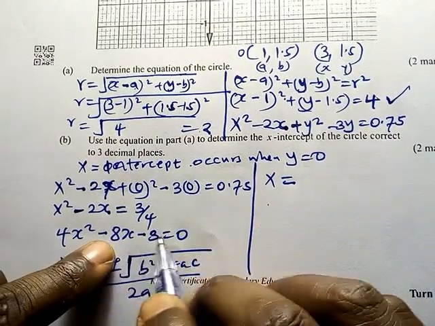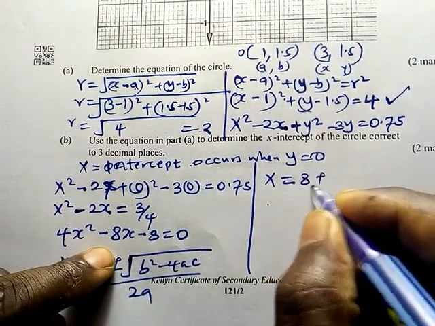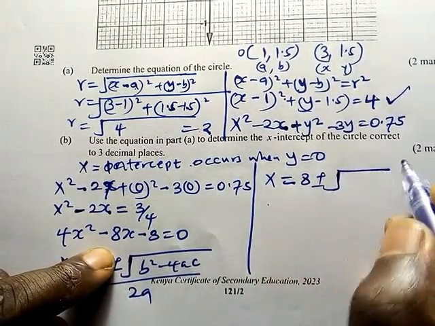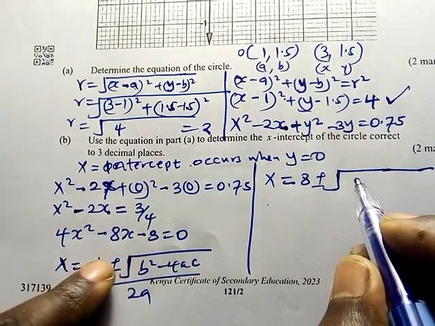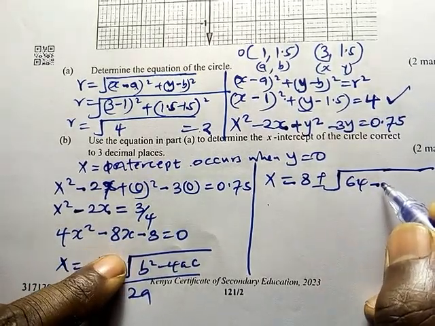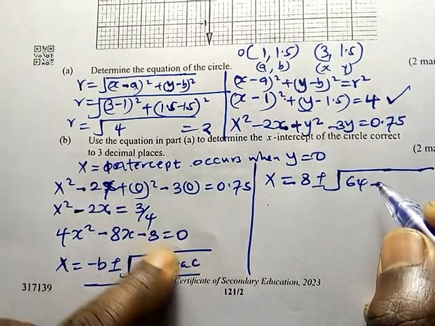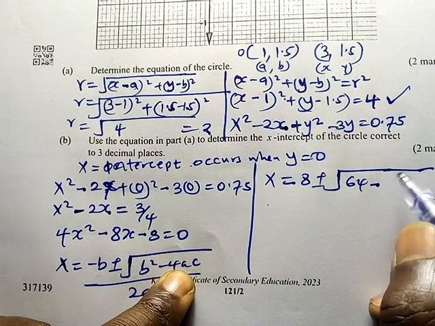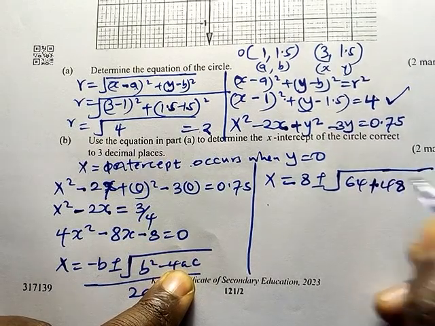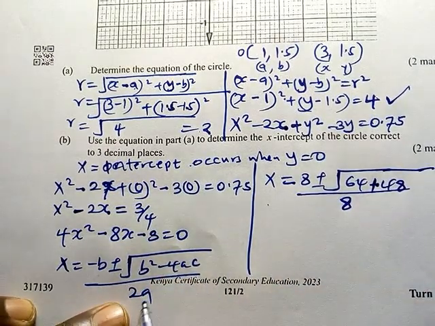x is equal to minus b plus or minus the square root of b squared minus 4ac, divided by 2a. Can use this formula. So now x is equal to, b is negative 8, so negative times negative is going to be 8, plus or minus the square root of b squared, that is 64, minus 4a, that is 16, times negative 3, is going to be positive 48, plus 48, divided by 8. 8 is 2 times 4 because our a is 4.